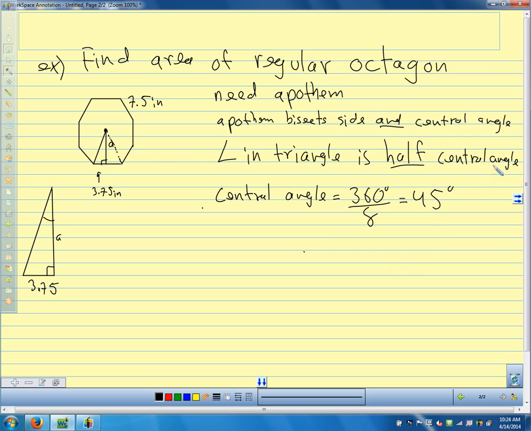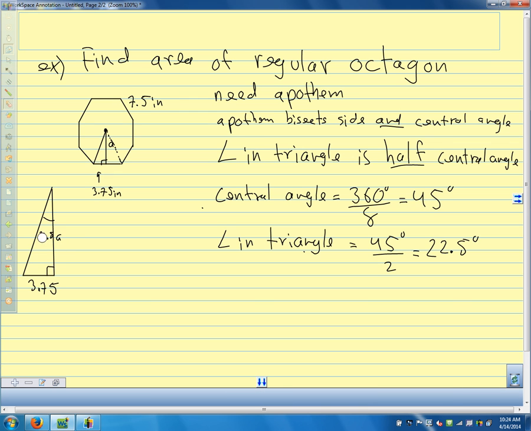The angle in the triangle is half of that. 45 degrees divided by 2, and I get 22.5 degrees. So this angle here is 22.5 degrees.